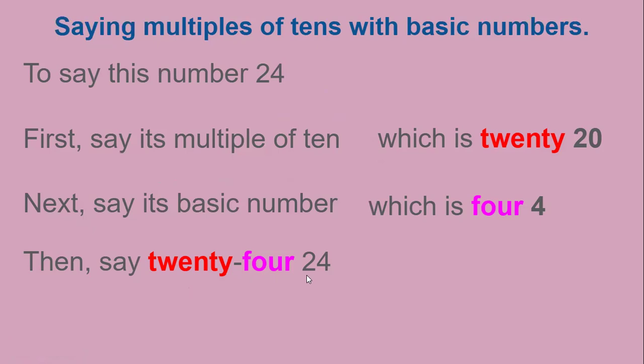So instead of saying 2, 4, you say 24. Therefore, this number is 24. This is how you say big numbers that have multiples of ten with basic numbers.